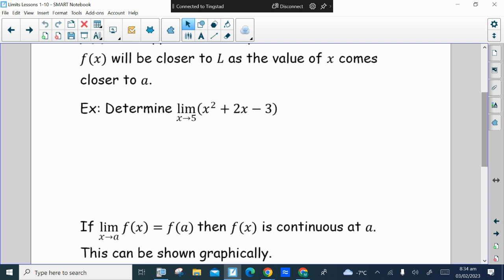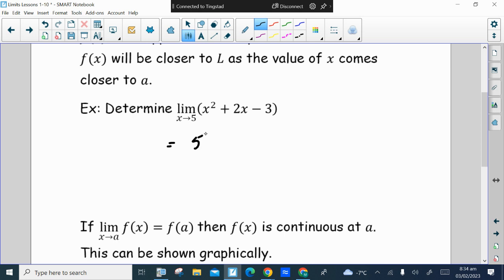What we could do is choose numbers that get closer and closer to 5 and evaluate that function for those numbers. As long as that function is approaching an integral answer, we could guess what the limit is. However, in this case, because 5 is not a non-permissive value, we can find the limit just by letting x equal 5 in the function.